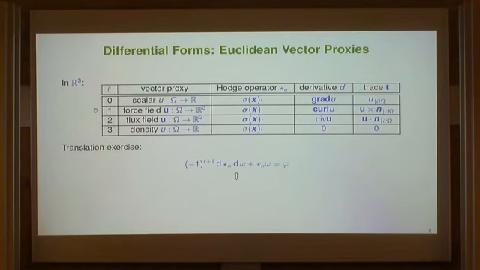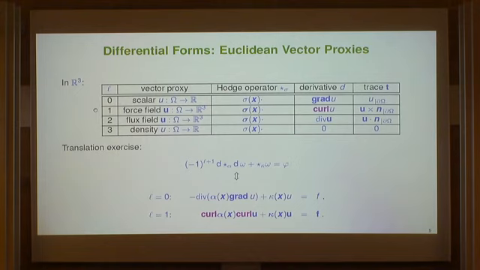But now let's do the translation, and then when you choose l equal 0, then the d acting on u becomes the gradient. The Hodge is just a multiplication with this coefficient tensor. And then the Hodge changes the order of the form so that the second d now turns out to be a divergence.